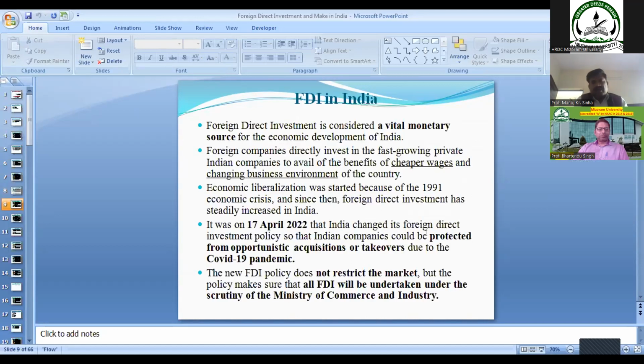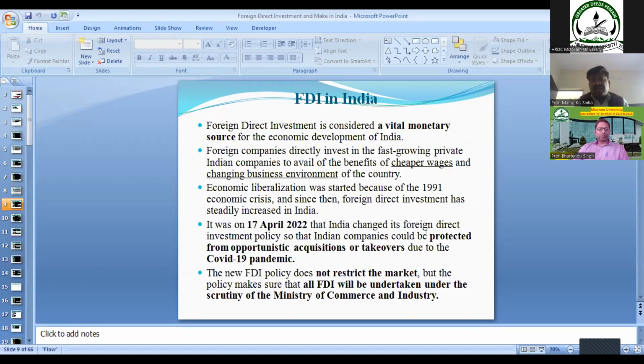FDI, we all know, is a vital monetary source required for development purposes in India and across the country. Foreign direct investment in India is a popular and attractive destination for foreign investors because of cheaper wages, cheaper labor available here, and a business environment that is changing and liberalizing over a period of time.